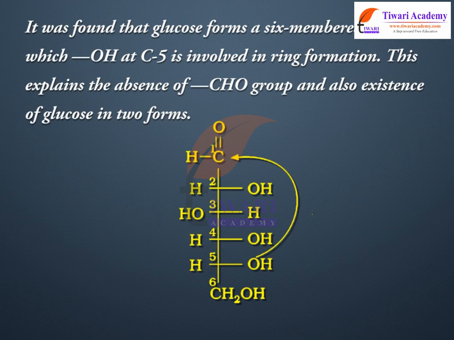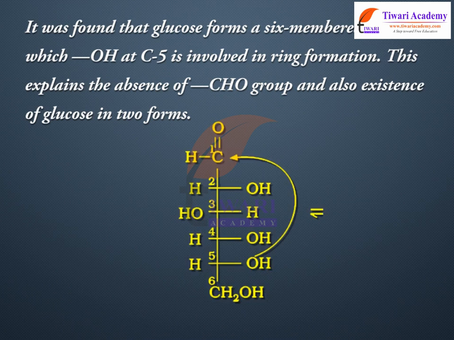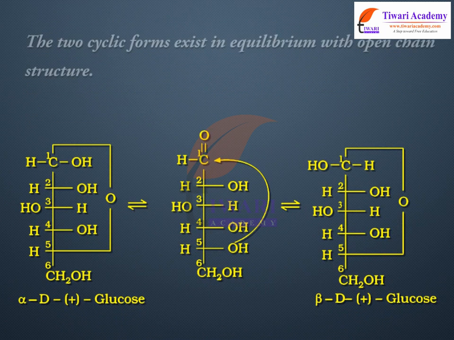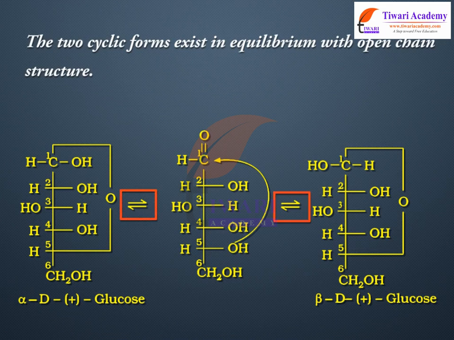This explains the absence of the CHO group and also the existence of glucose in two forms. The two cyclic forms exist in equilibrium with the open chain structure.